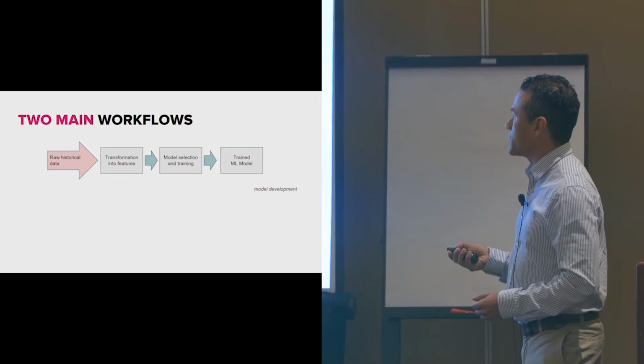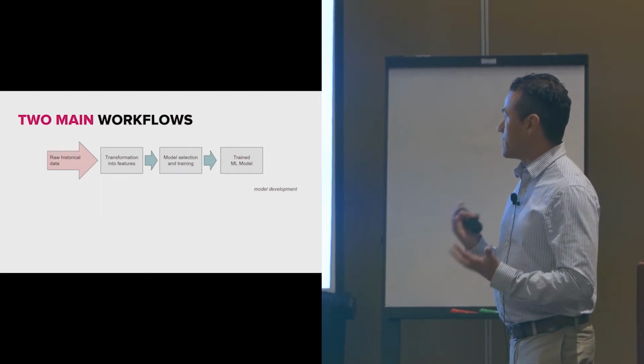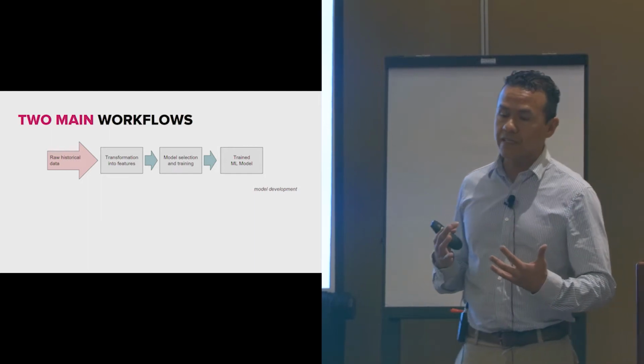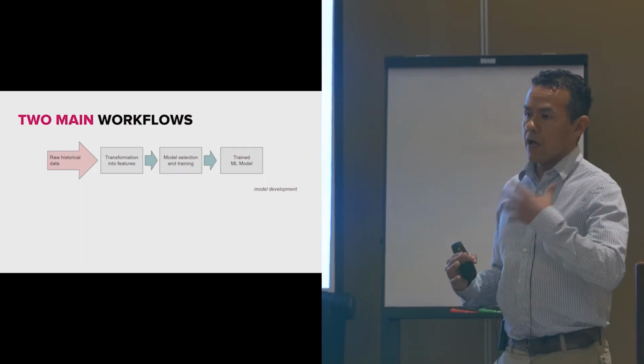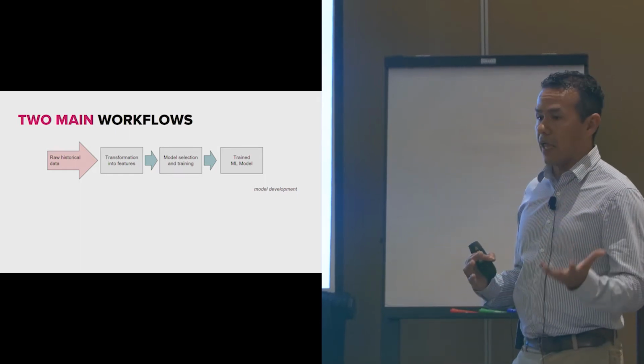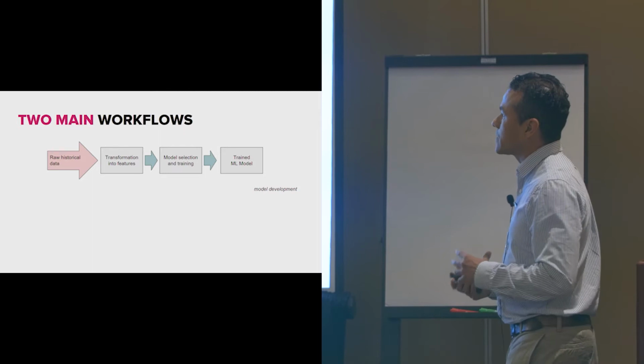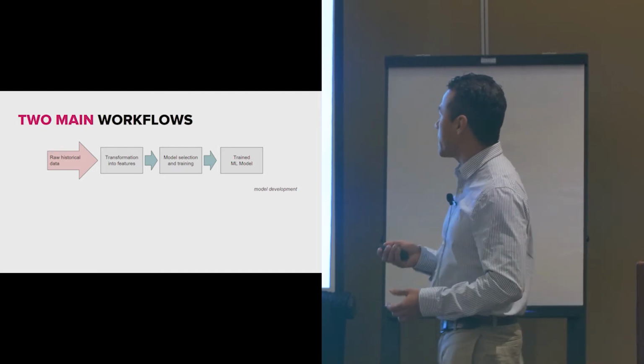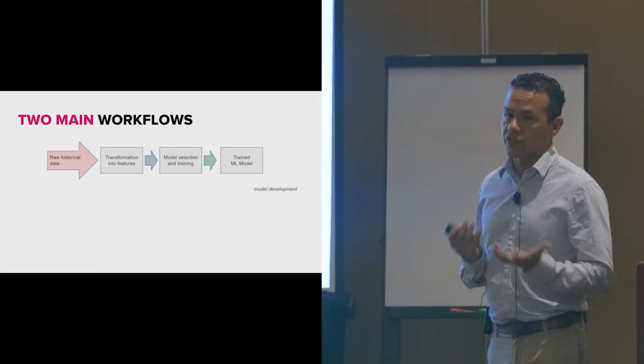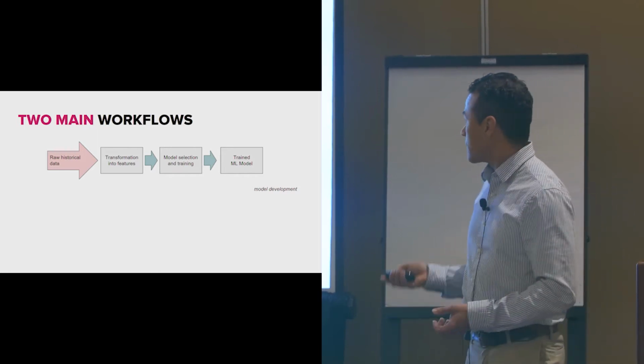So this is the transformation into features. And then in the next step of this workflow, the data scientists also spend a lot of time selecting particular algorithms and training these algorithms with the features and fine-tuning them until they produce a trained machine learning model.